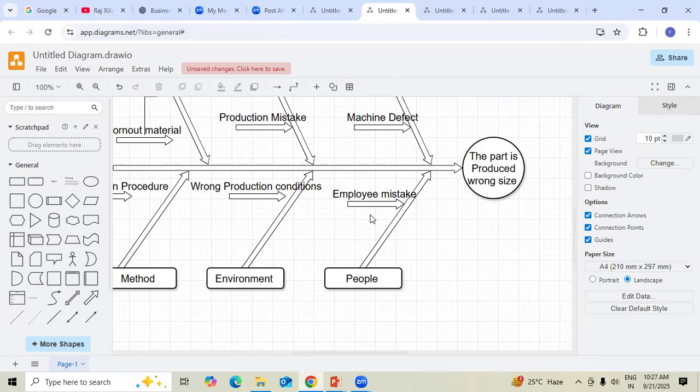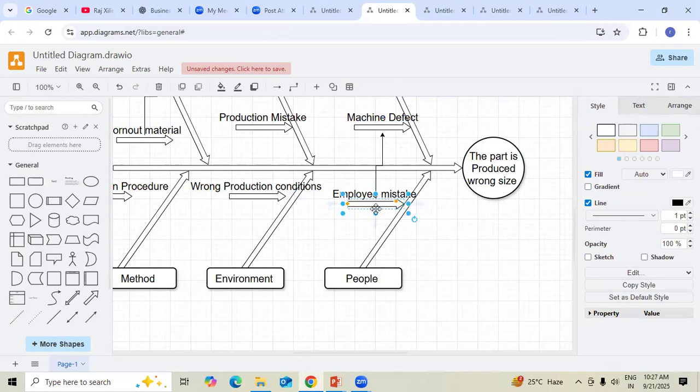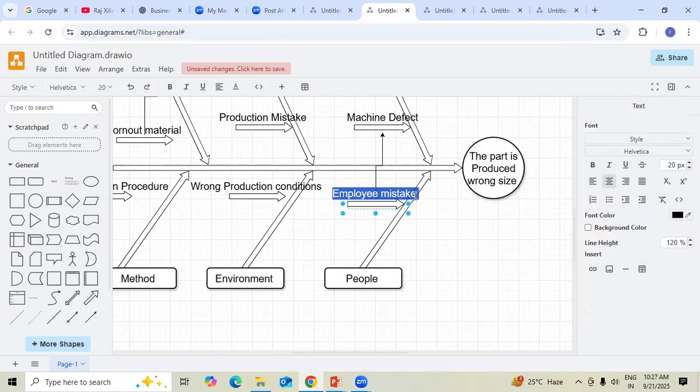Because the employee is not using the machinery properly, mistaken machine settings can be made. It means he has mishandled it. So because of that, mistaken machine settings. Next, mistaken production procedure can also happen.